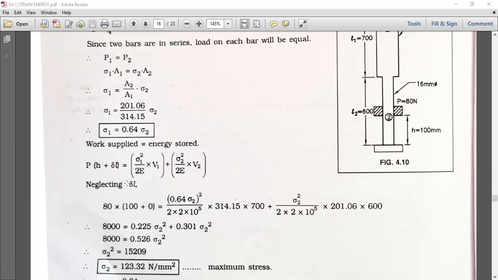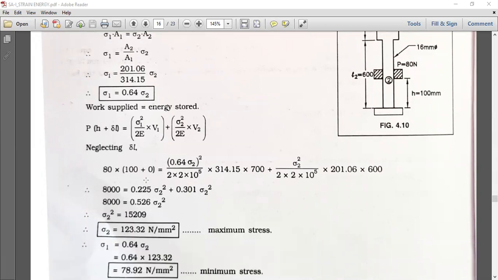Due to no elongation, or neglecting delta L, put the values of loads, height, sigma, V and E. We have our equation like 18 into 100 is equal to 0.64 sigma square divided by 2 into 10 raised to 5 into volume of the first cylinder plus volume of the second cylinder.